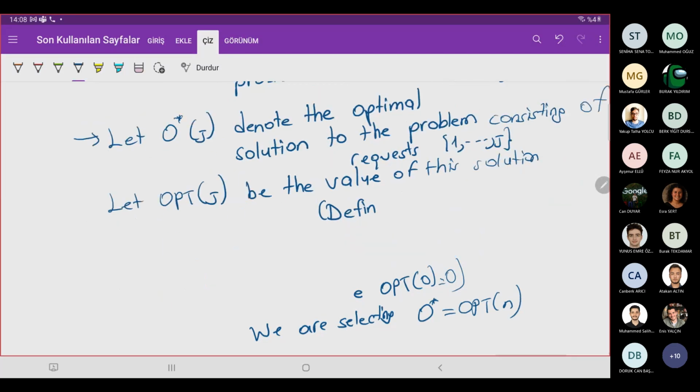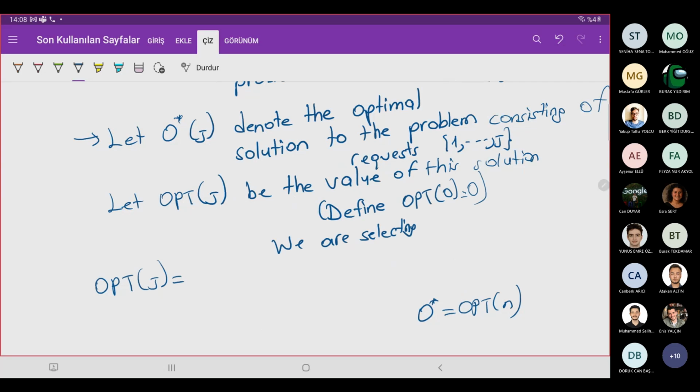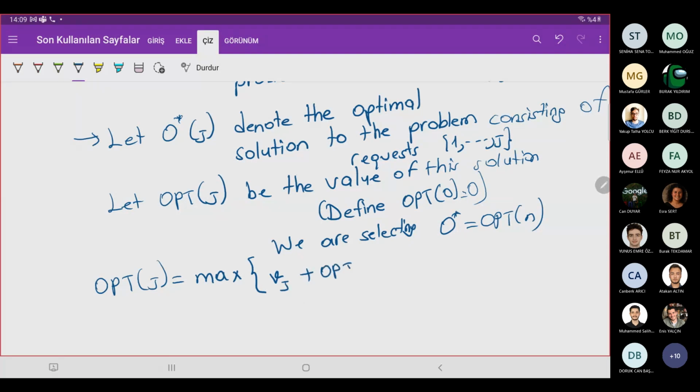Okay. Now we are ready to write the dynamic programming recursion. Opt j is the optimum solution for requests indexed from 1 to j. It's the maximum of these two cases. If I have j in my solution, then the value Vj contributes to my solution, plus opt pj.